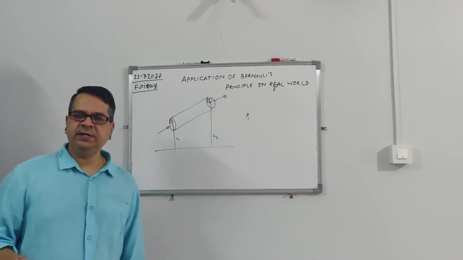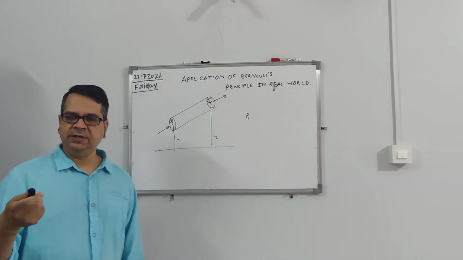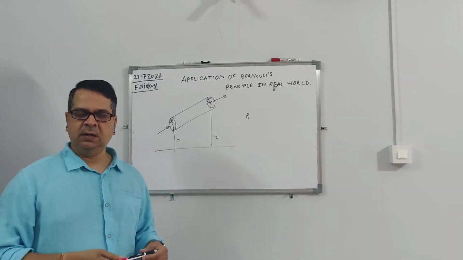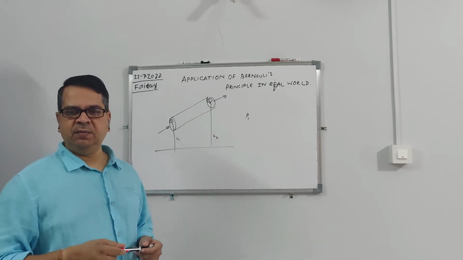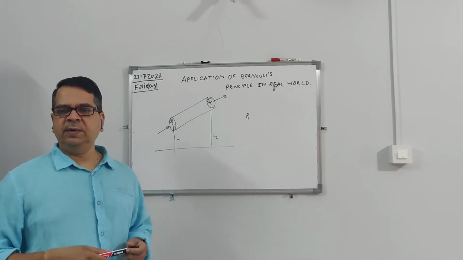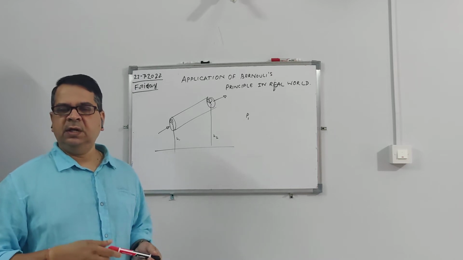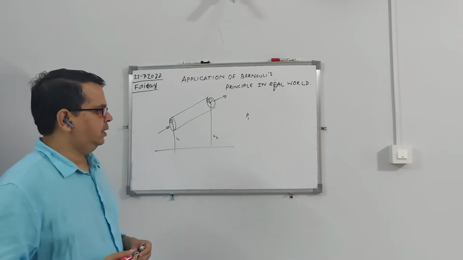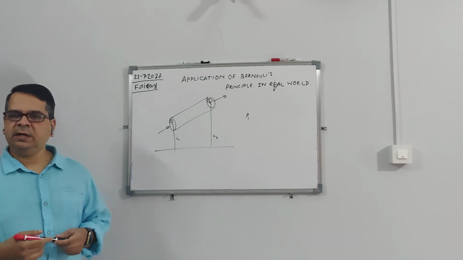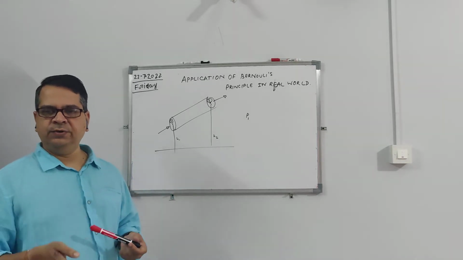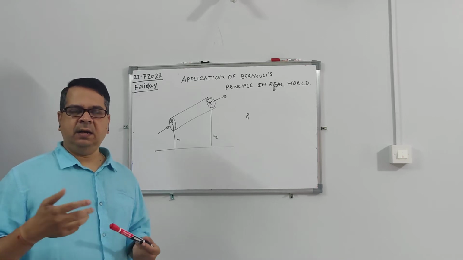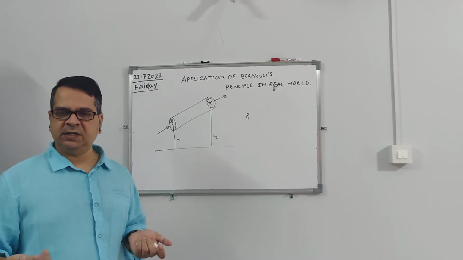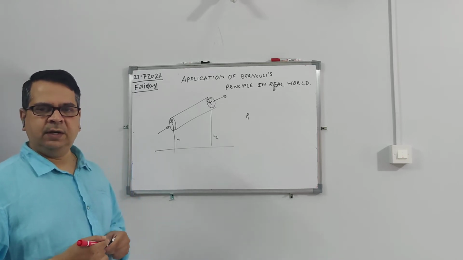Rho of mercury is 13.6 times higher than that of water. Water is 1000 kg per meter cube, so mercury density will be 13.6 into 1000 kg per meter cube. Then g is your acceleration due to gravity. Likewise we calculate pressure, which is rho gh. The final SI unit you will end up with is Pascal, which is Newton per meter square.